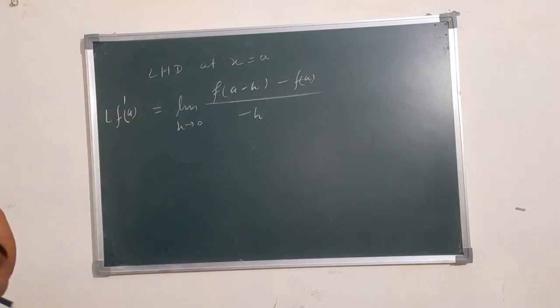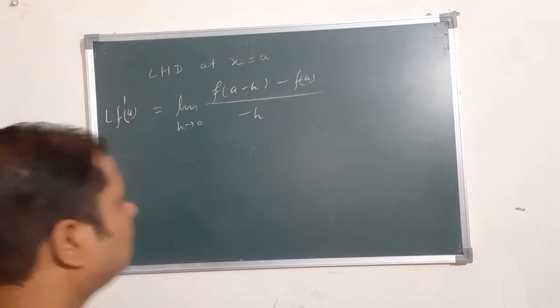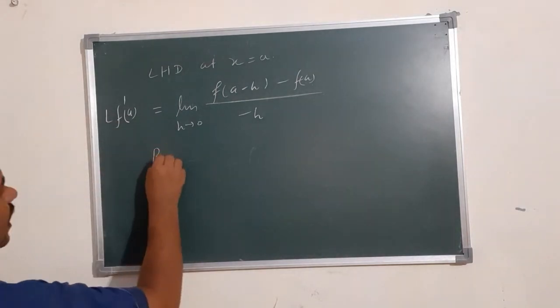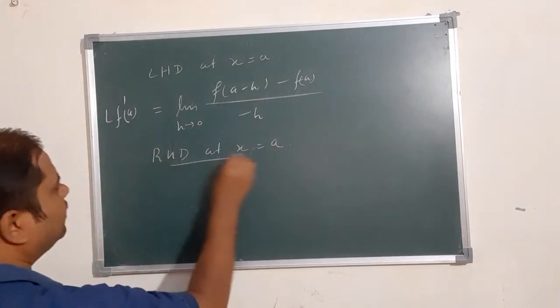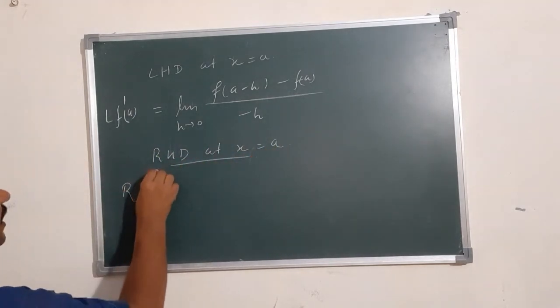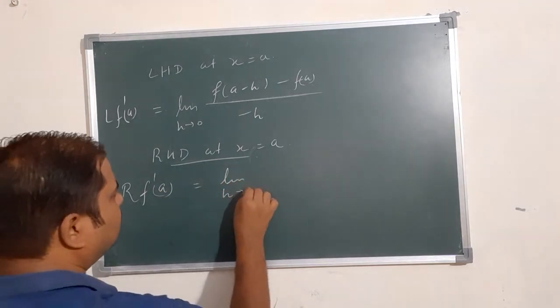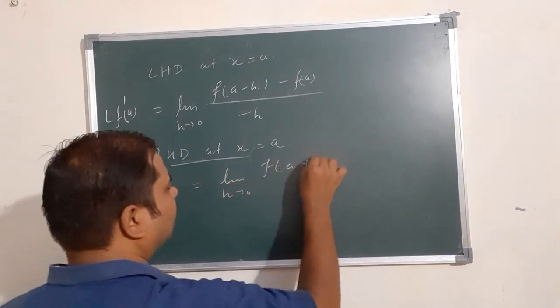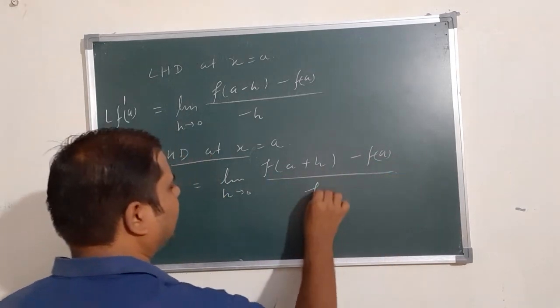This is the notation. Similarly, RHD at x is equal to a: this is R f dash a. This is limit h tends to 0, f of a plus h minus f(a) divided by h.